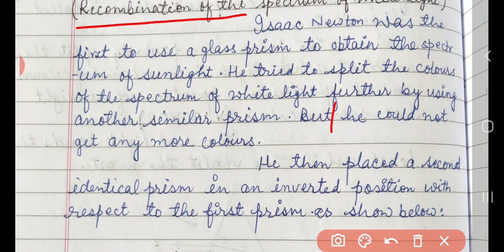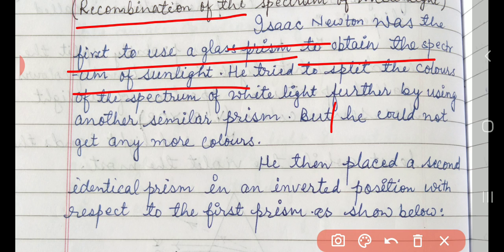Okay, now next, let us see recombination of the spectrum of white light. Sir Isaac Newton was the first to use a glass prism to obtain the spectrum of sunlight.